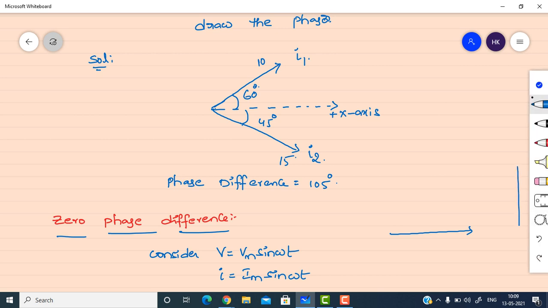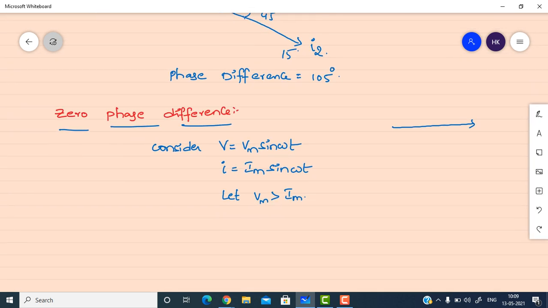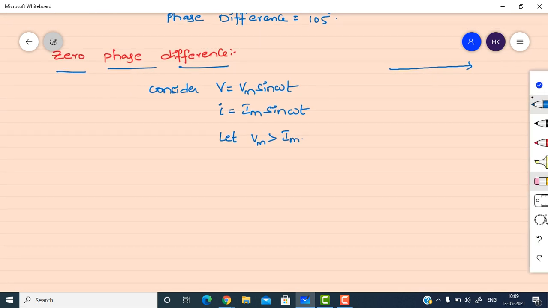So while representing in the phasor diagram, you have to keep it in mind. So I am considering these two quantities, and Vm is greater than Im. That means the length of the voltage phasor is greater than the current phasor.